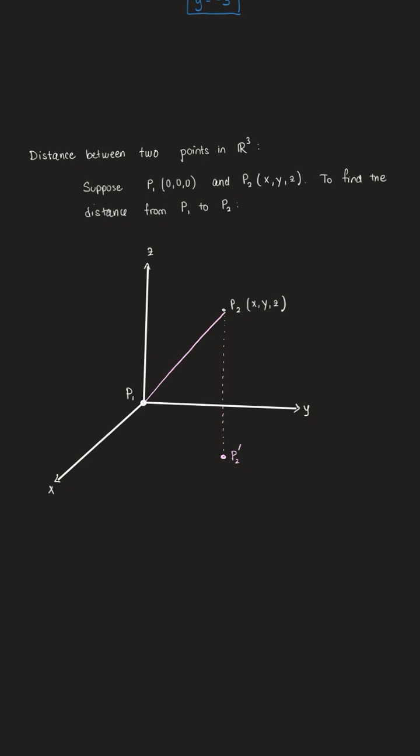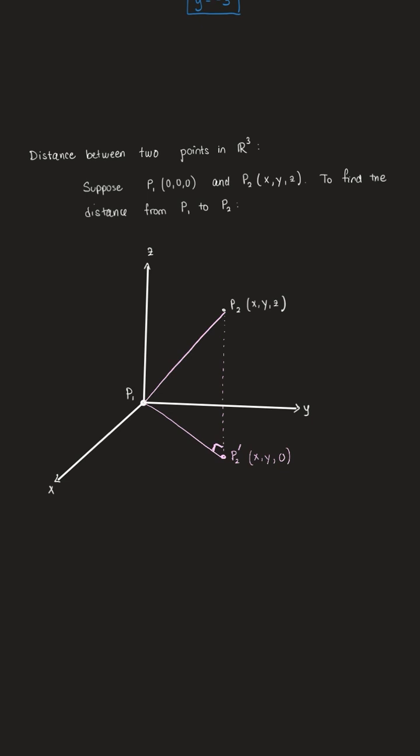The coordinates of this point will have the same x and y, but because it's on the xy plane, z will be 0. If I sketch this triangle here, this is a right triangle because this is a right angle, where my projection P2 prime lies right below P sub 2.